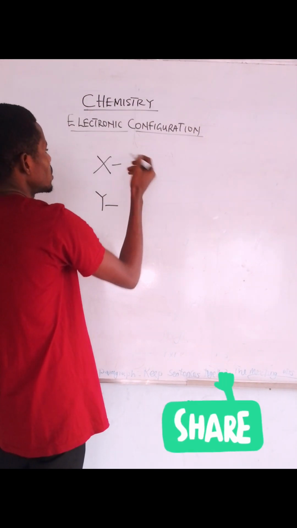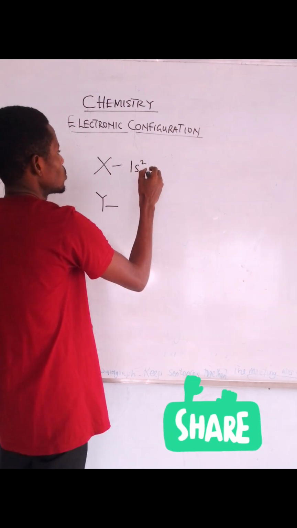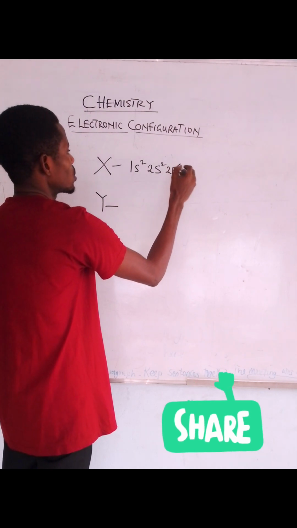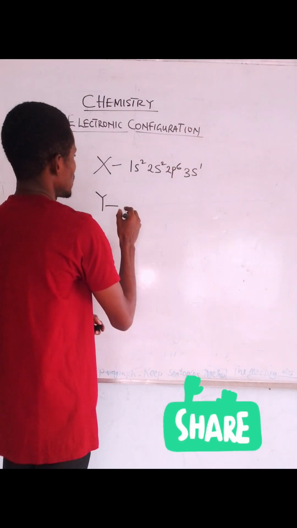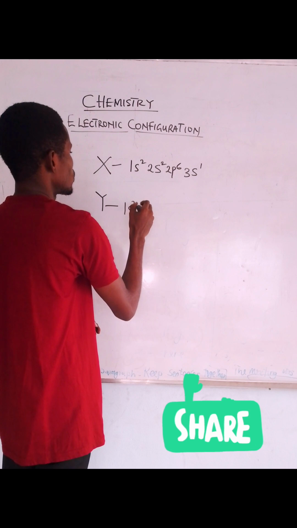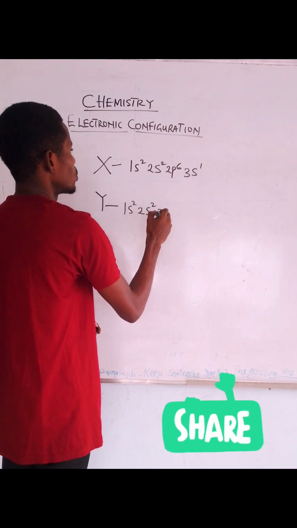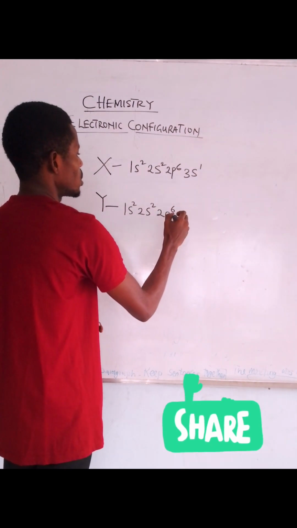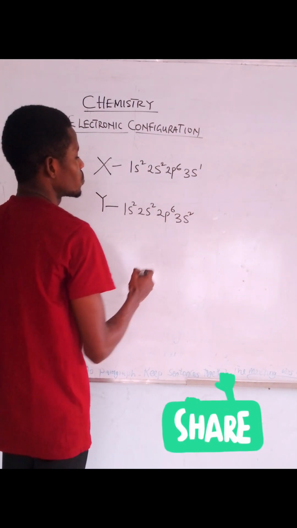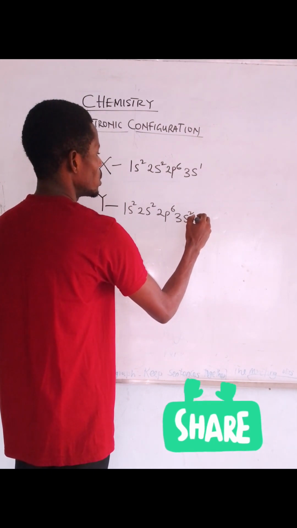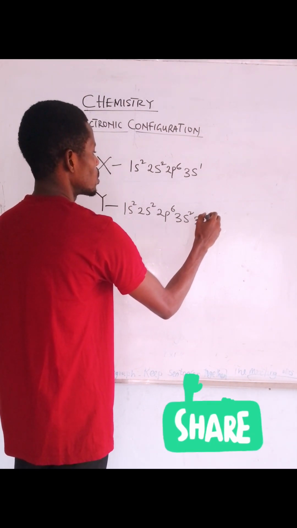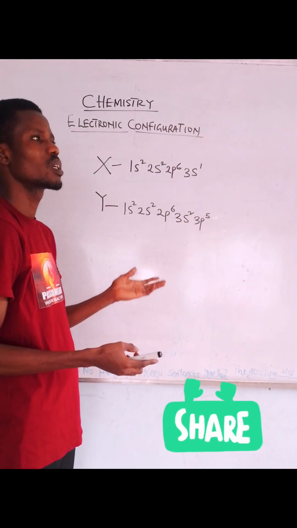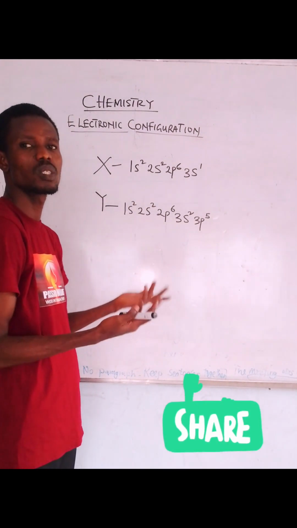X has the electronic configuration 1s2, 2s2, 2p6, 3s1. And Y has 1s2, 2s2, 2p6, that's 10, 3s2, that's 12, then 3p5. Good.